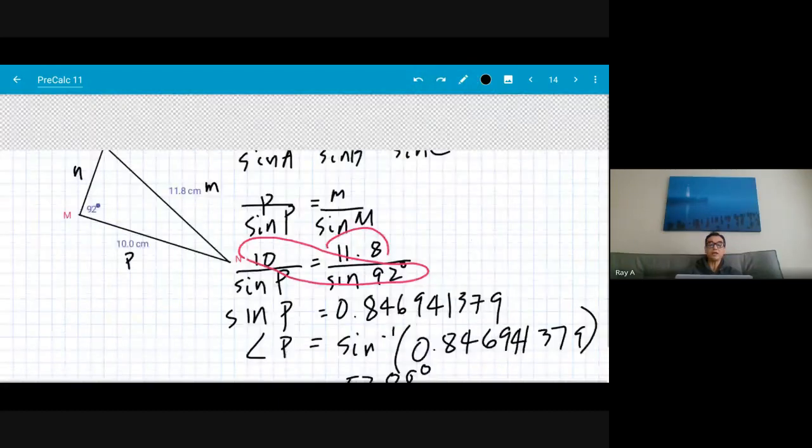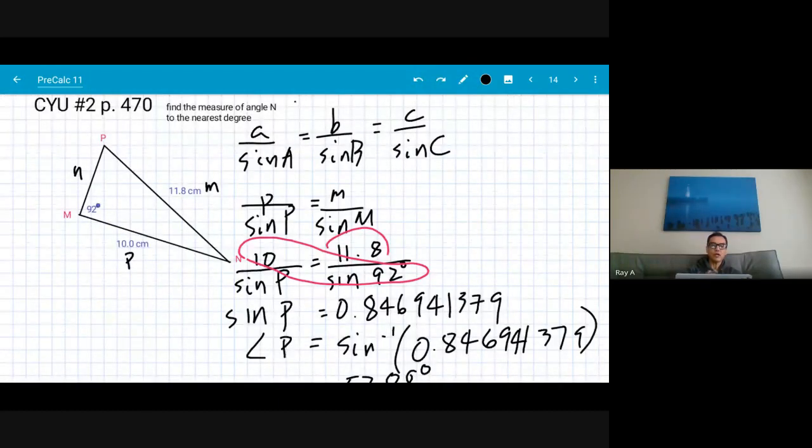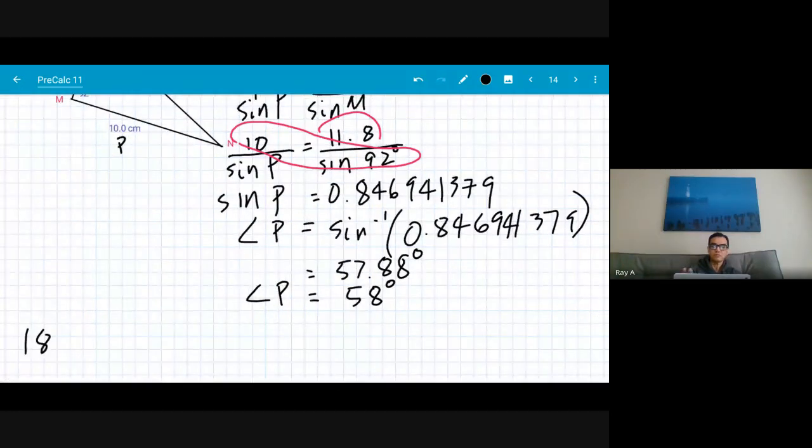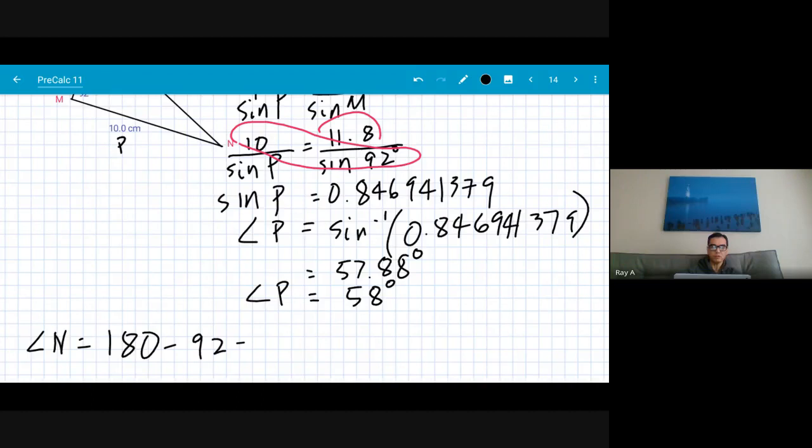We were looking for angle N. So we were able to find P. Since the inside of the triangle is a total of 180, and we already know angle M, angle N is equal to 180 minus 92 minus 58. And that would be about 30 degrees. And there's your answer.